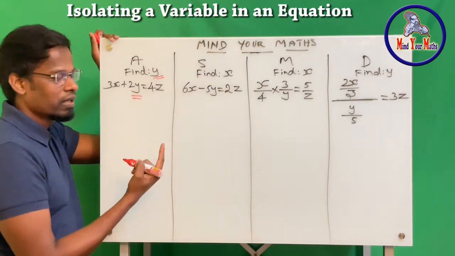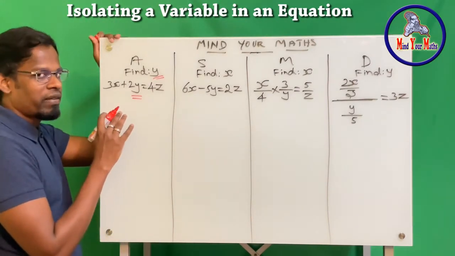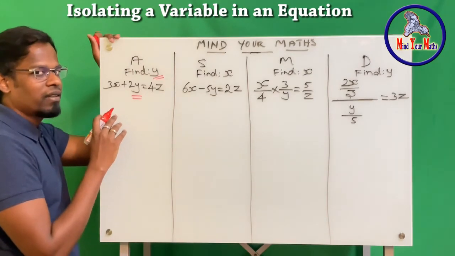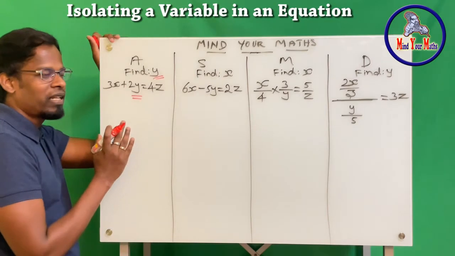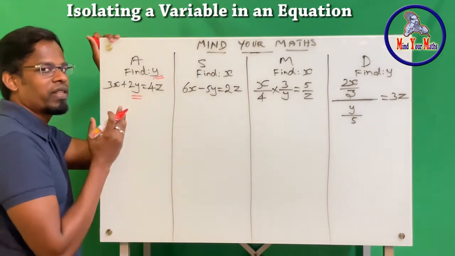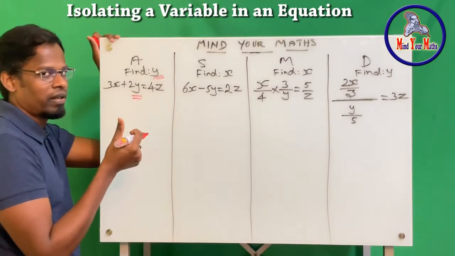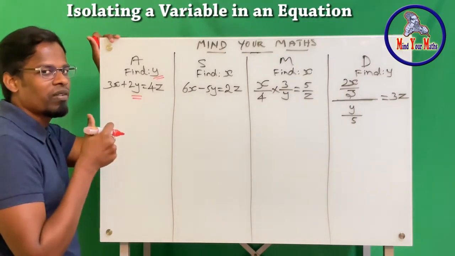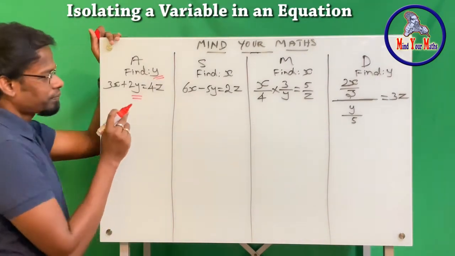Either way, right? So now how do we do that? We saw in our previous videos how to add or subtract or multiply or divide using the same value on both sides of the equation. Then the equality of the equation doesn't change, right? So that's the thumb rule that we learned. So that is the thumb rule of math.